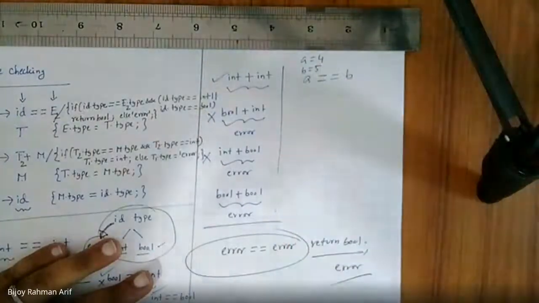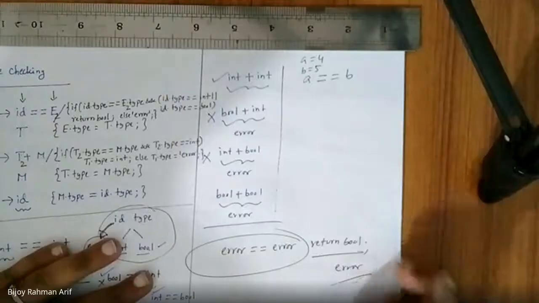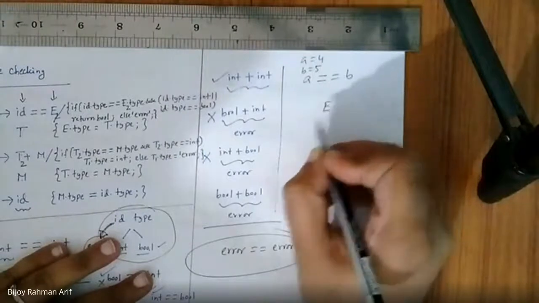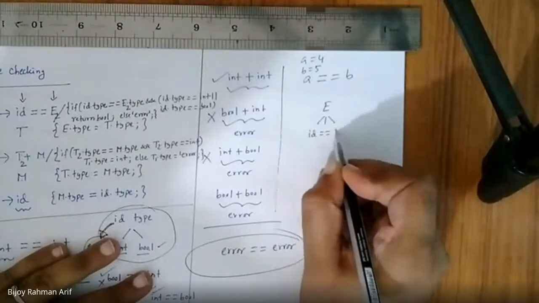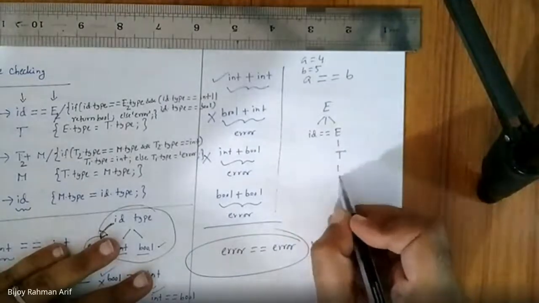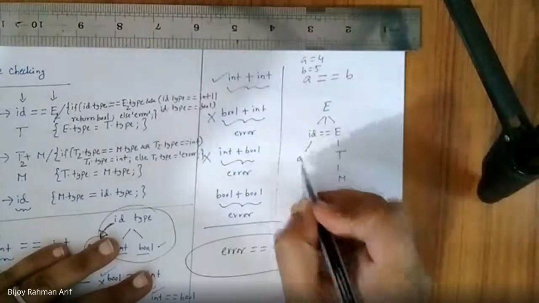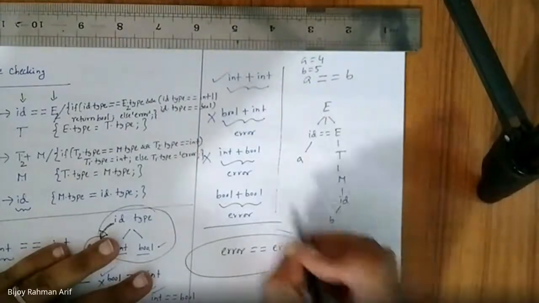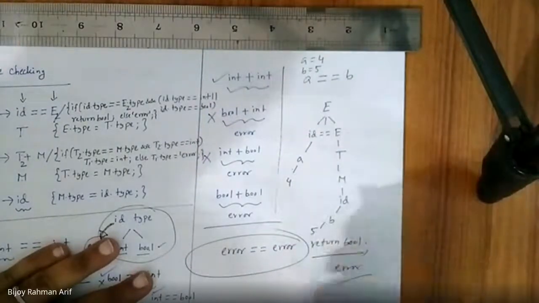Okay, guys? So what would be the parse tree? Parse tree is like this. E derives ID double equal E, then E derives T, T derives M derives ID. This one is nothing but A, this one is nothing but B, this value is 4, this one has value of 5.